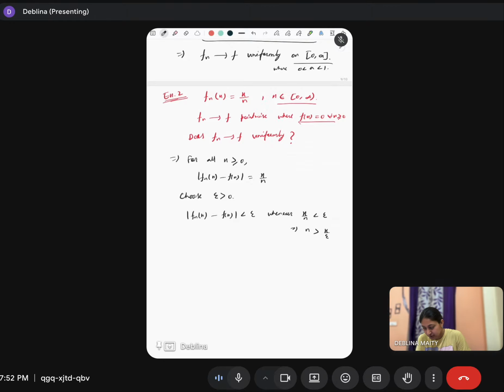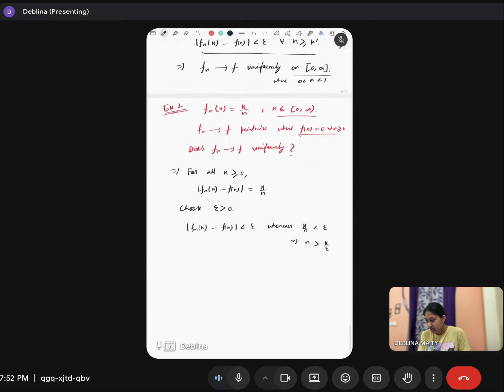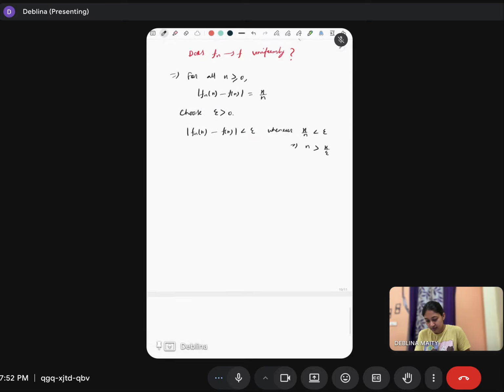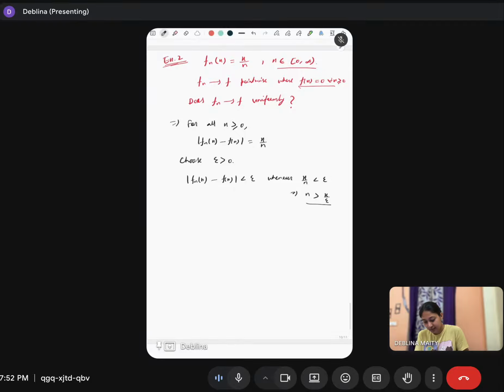So if we choose k to be, this is n, if we choose n dash to be, x by epsilon is not a natural number, so if we choose n dash to be this, now this belongs to N, and since this number is also greater than x by epsilon, this will also be true.